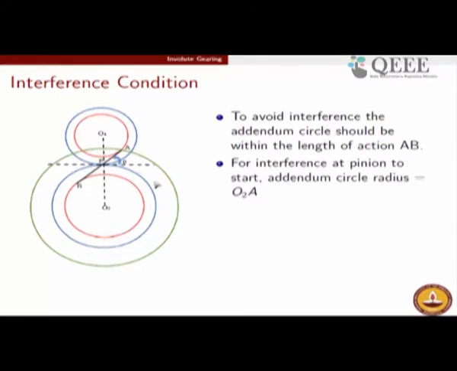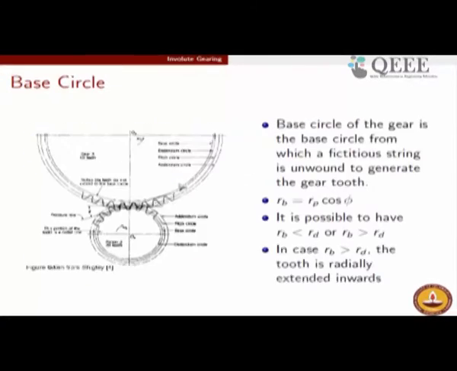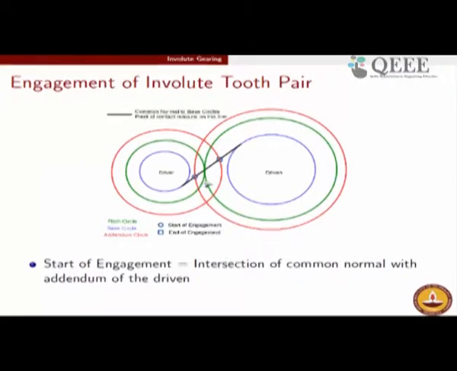We have already seen that the point of contact between the two gear teeth will have to stay on this line AB, but it does not necessarily have to extend all the way from A to B. It has to extend only up to the points of intersection of the addendum circles. Wherever the two addendum circles intersect this line of action, as we had seen in the few slides upstream, that is the point of engagement and disengagement.